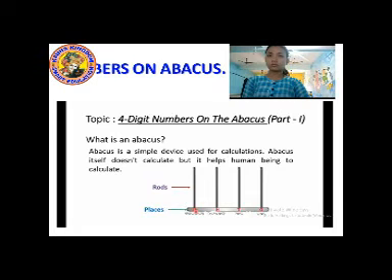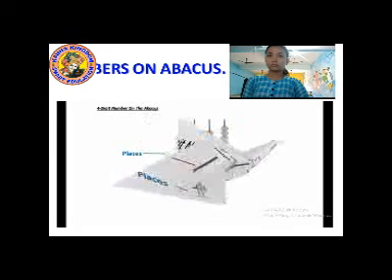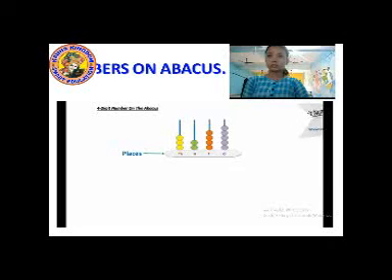Let's understand this better through an example. Here we have an abacus, and these are the places: ones place, tens place, hundreds place, and thousands place. Look at the ones place.